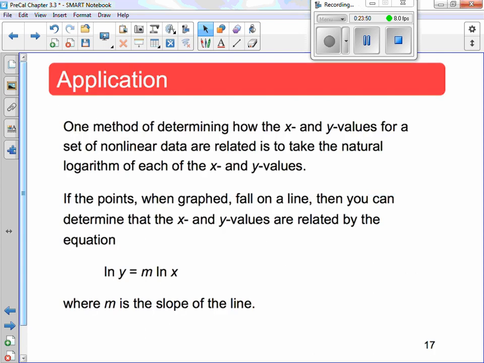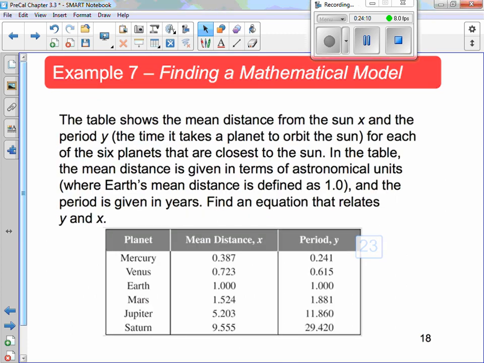Application. So one method of determining how the x and y values for a set of nonlinear data are related is to take the natural logarithm of each value of x and y at the point. If the points, when graphed, fall in a line, then you can determine that the x and y values are related by this equation, where m is the slope of the line.